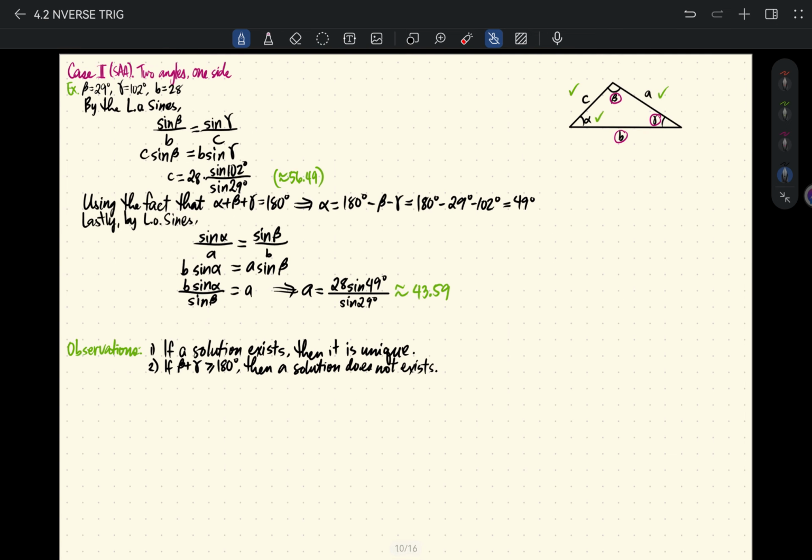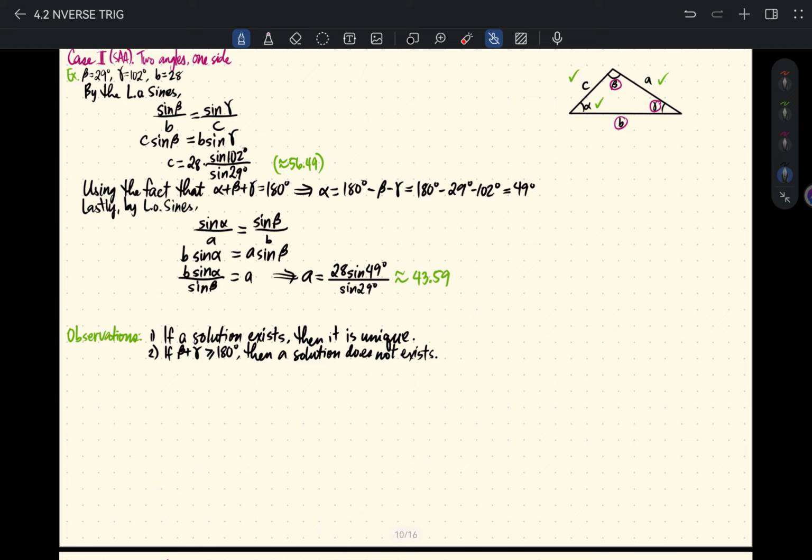For SAA, the solution is unique. However, there will be no solutions if the two given angles already result to something that is 180 degrees or higher. Okay, so that's the case of SAA.